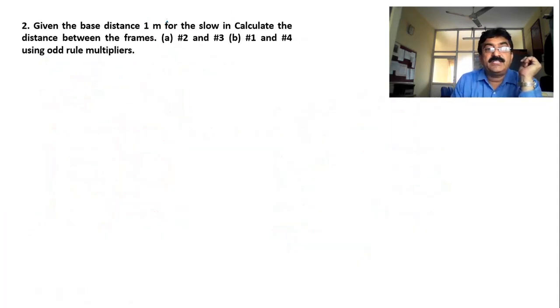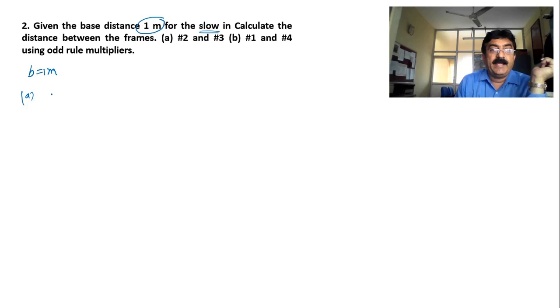Given base distance is 1 meter, for slow in process. Calculate the distance between the frames 2 and 3, 1 and 4. Well, same, now I will use the formula. First question, I have to find out capital B. It should be 2 into A minus 1.